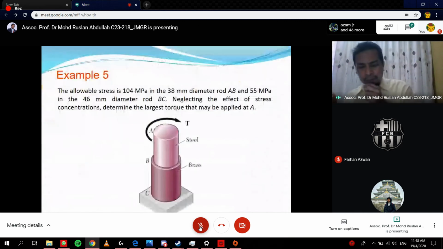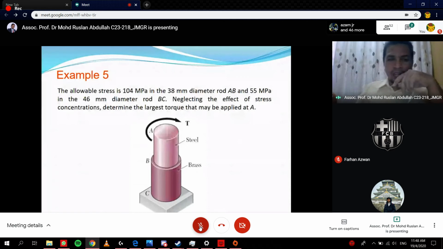Okay, next example. In this case, we have rods AB and BC like this. We have two different diameters.